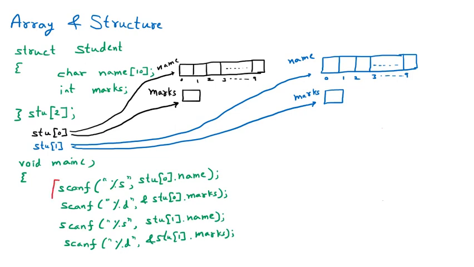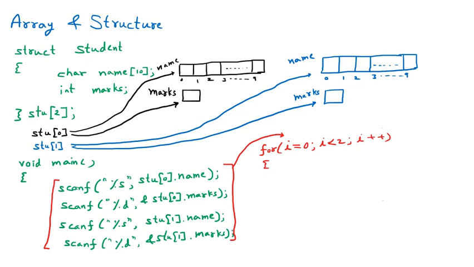So this code can be changed with a simple for loop. So instead of writing this, we will write for, we will declare I is equal to 0. There are two students, so I less than 2, I plus plus.